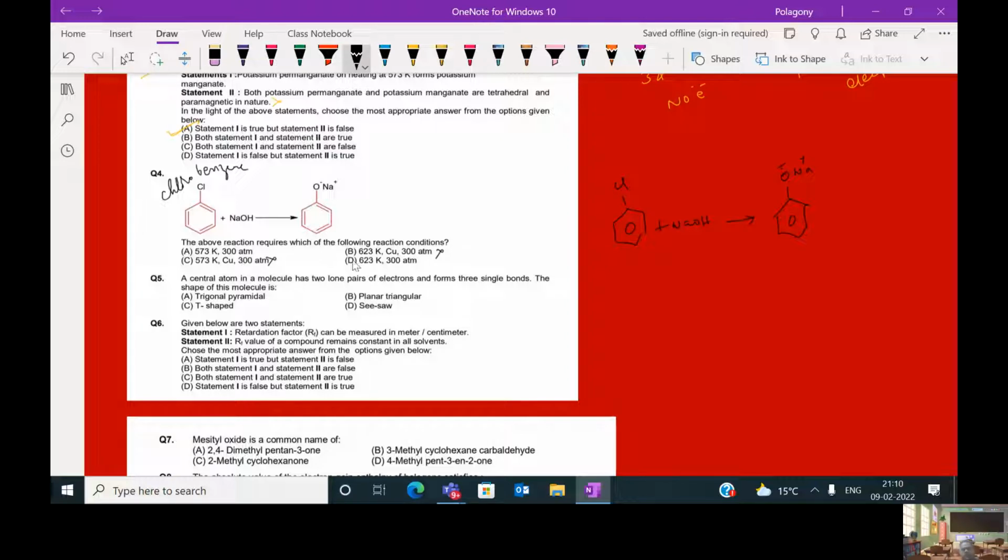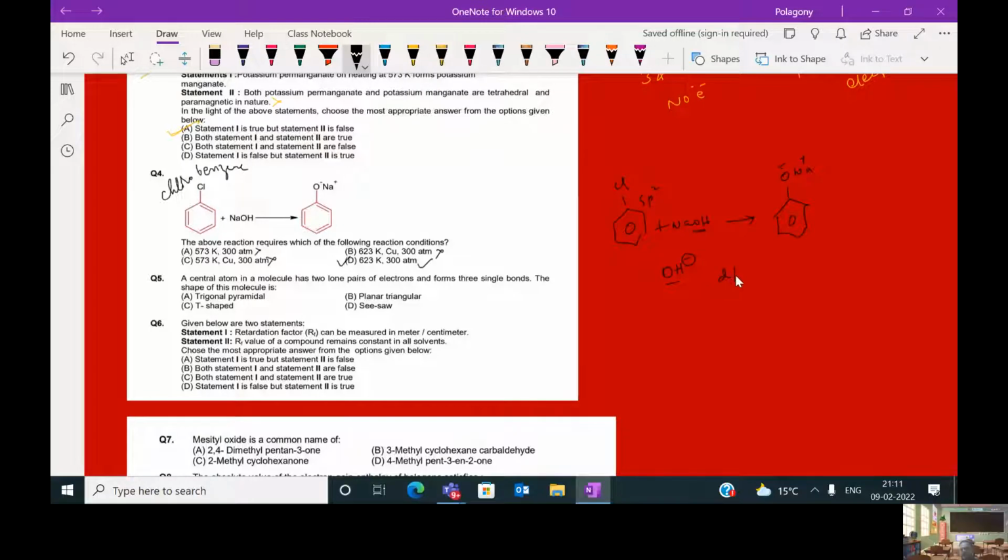Now the two options A and D are left. Here is low temperature, and here is high temperature. We'll go for the high temperature, because on the aromatic ring a halogen is present. NaOH is the nucleophile, and it cannot easily displace a halogen attached to the sp2 carbon of the aromatic ring.